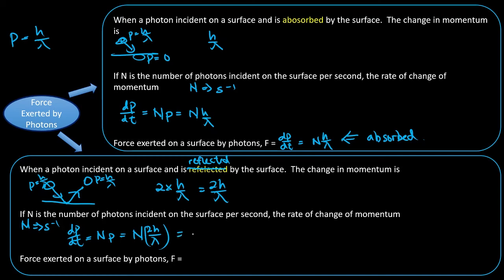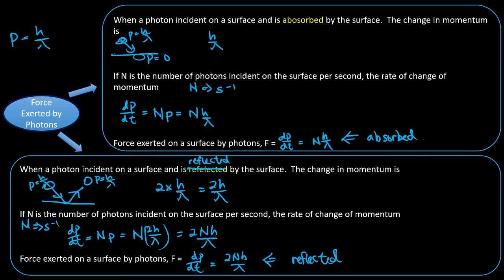So you have 2nh per lambda for the rate of change of momentum. Then because F is the rate of change of momentum, the force exerted on a surface by reflected photons is equal to 2nh per lambda. So this one is for reflected photons.